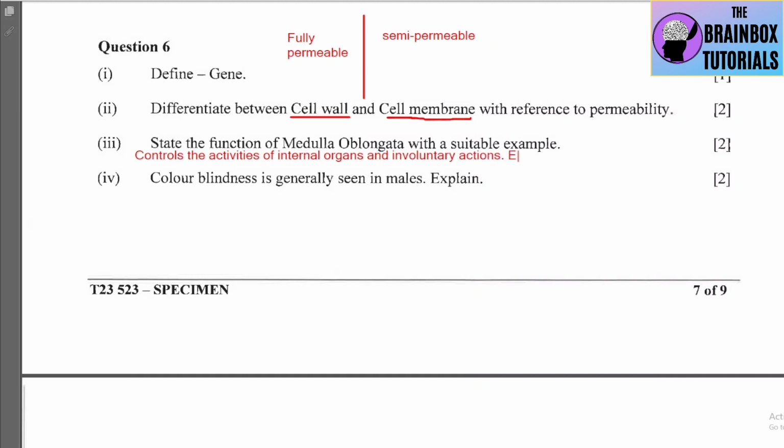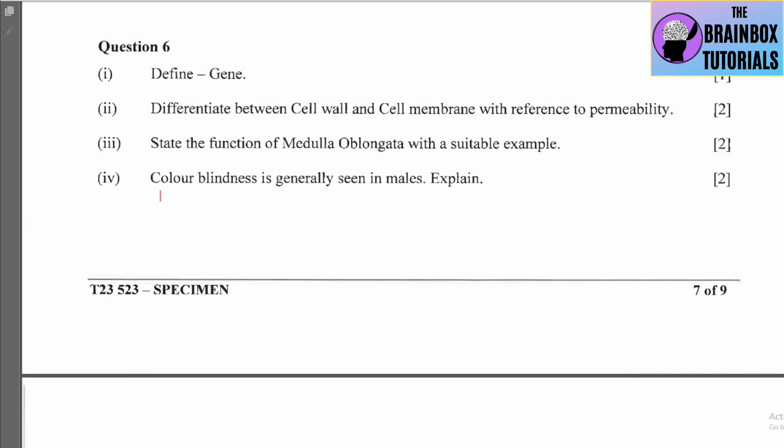Now for example, because it is written with a suitable example, only one example you are going to mention, and that could be beating of heart. Otherwise beating of heart is there, then peristaltic movement of the alimentary canal is there, breathing movement is there.